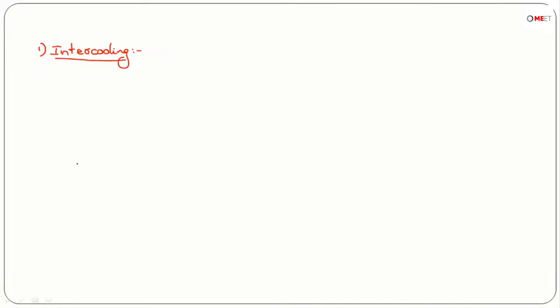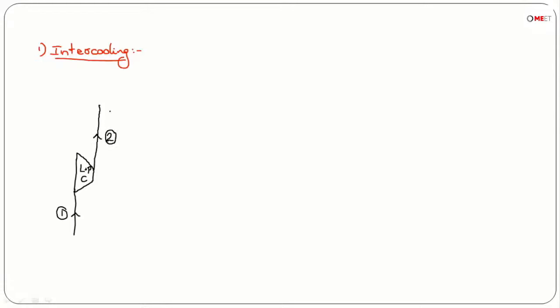In the multi-stage compression, initially we will be considering a compressor like this. This compressor we call the low pressure compressor, LPC, let us say. Into this low pressure compressor air enters at condition 1 and then gets compressed and comes out at condition 2.